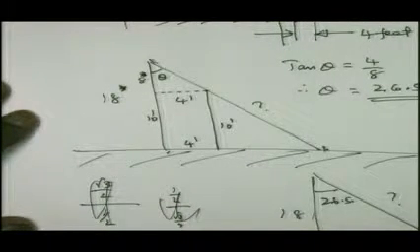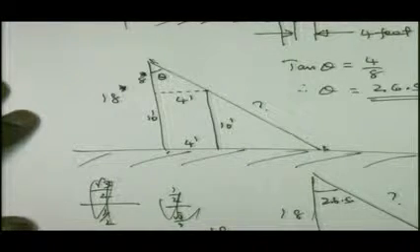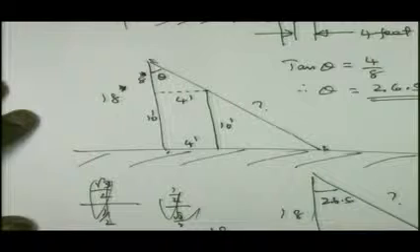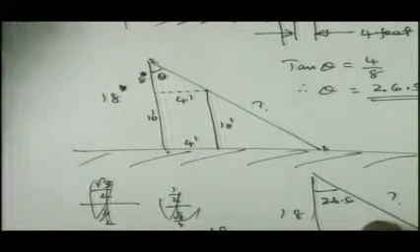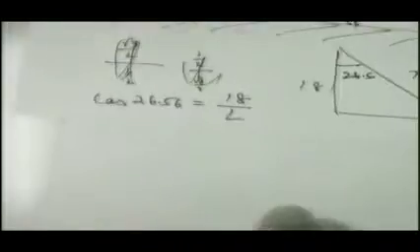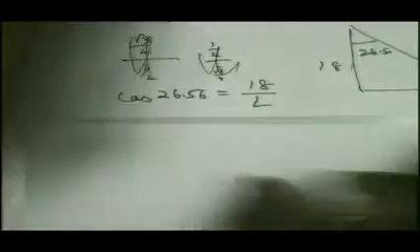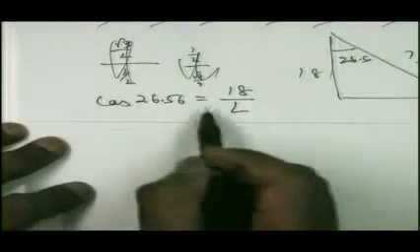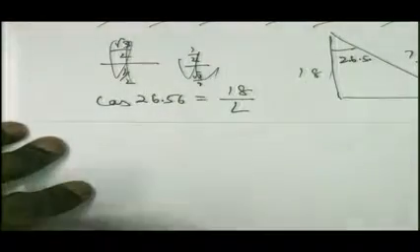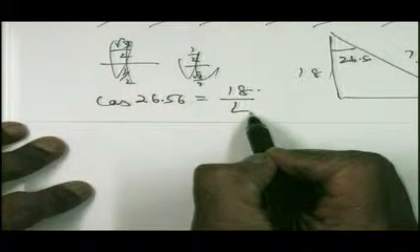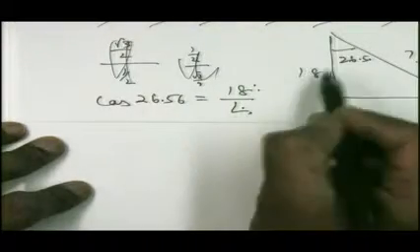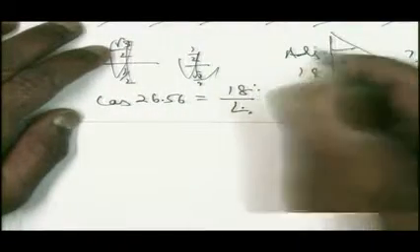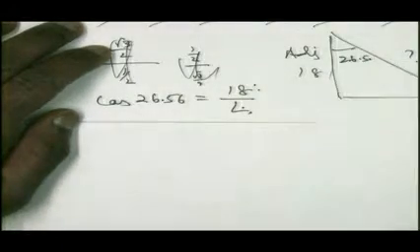Cosine 26.56 is equal to 18 divided by ladder L. Cosine 26.56 is equal to 18 divided by adjacent divided by the length of the ladder. Cosine is adjacent over hypotenuse. Adjacent is this one, hypotenuse is this one, which happens to be the ladder.